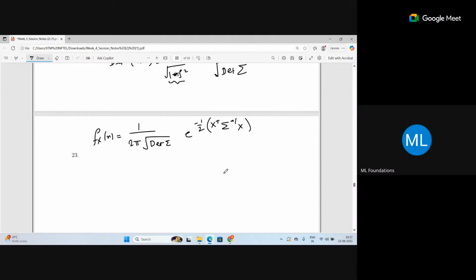Now the matrix which you started with, that matrix A, or we said the covariance matrix, is equal to A A transpose, and my A is equal to 1 0, rho and square root of 1 minus rho square.